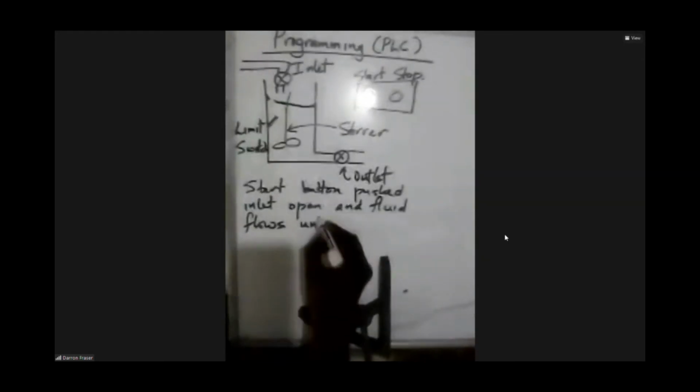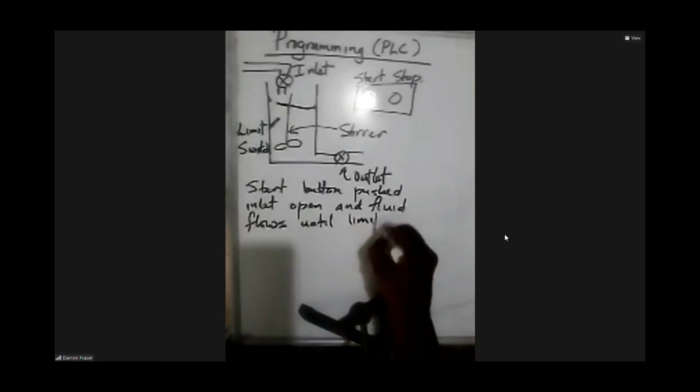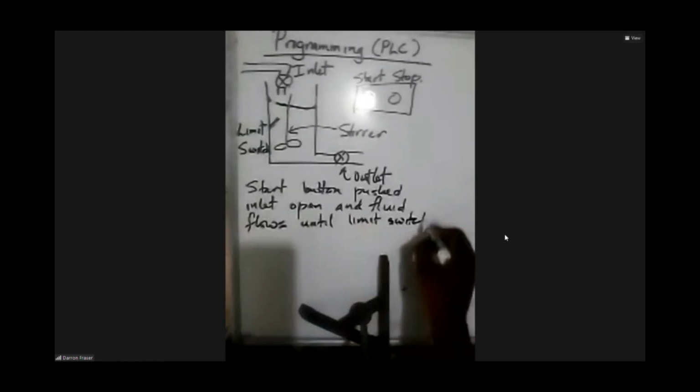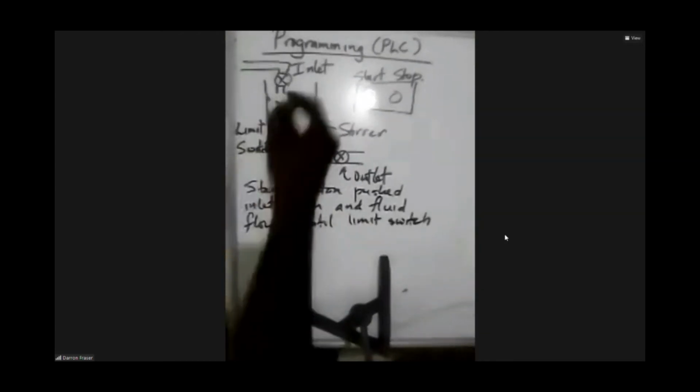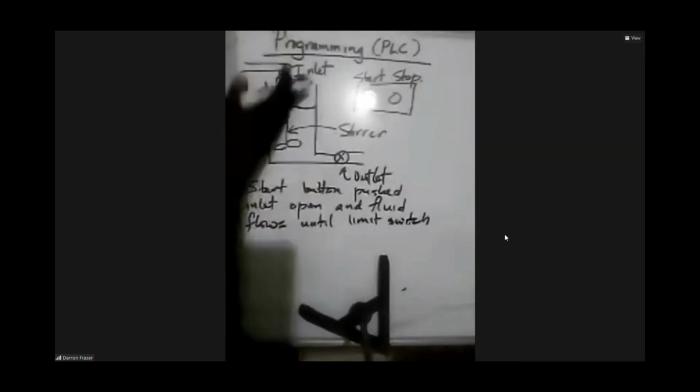So we say that fluid is going to flow. You're going to press the start button, the inlet opens, and we're going to fill up until you reach the limit switch.